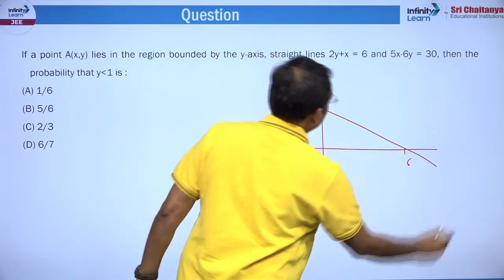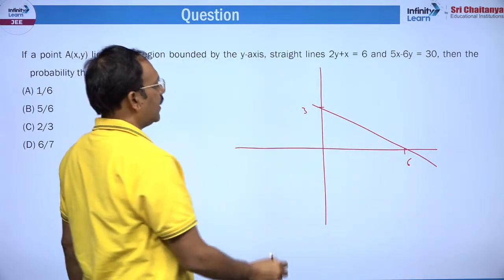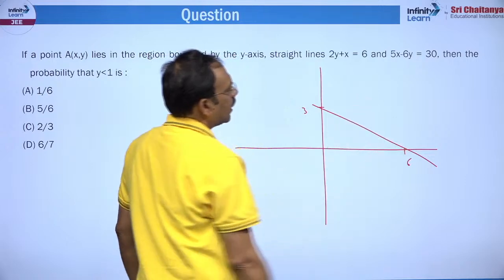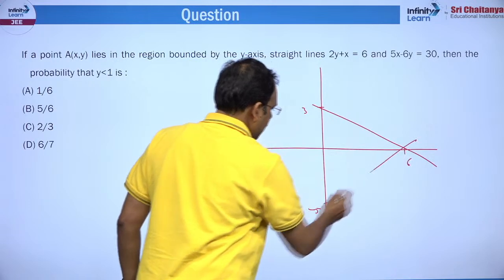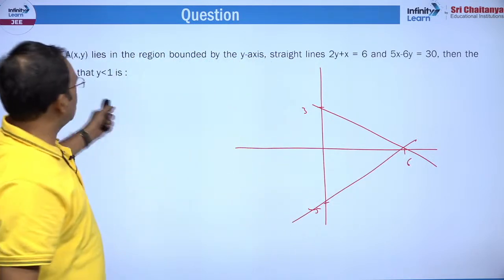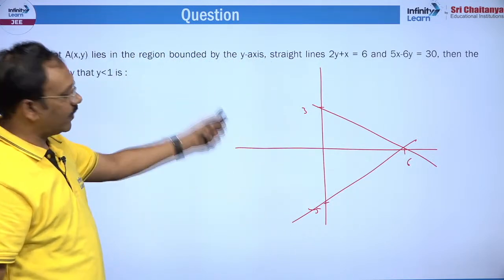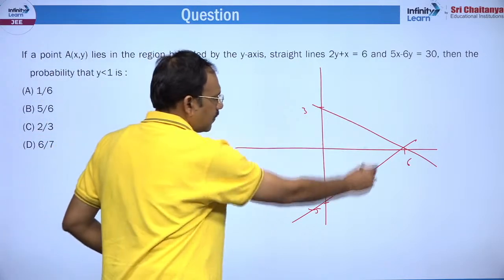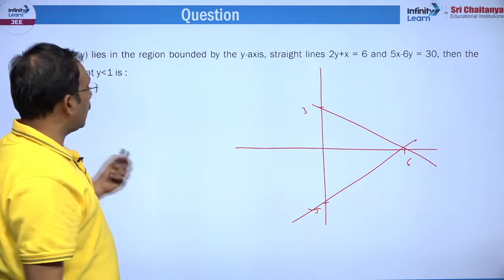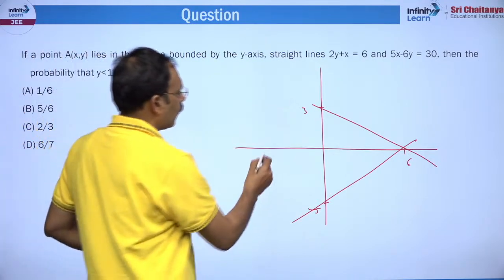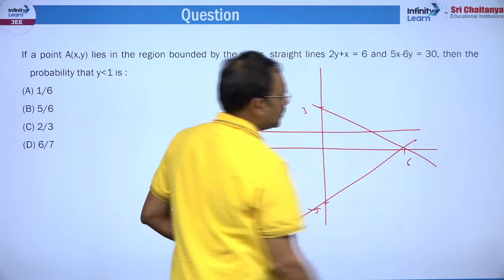This is this line and this is the line where x intercept is 6 and y intercept is minus 5. This is the second line and the y axis. This point lies in the region bounded by the y axis and these. So, this triangle is where the point lies, but then the probability that y is less than 1, y is equal to 1 is this line.